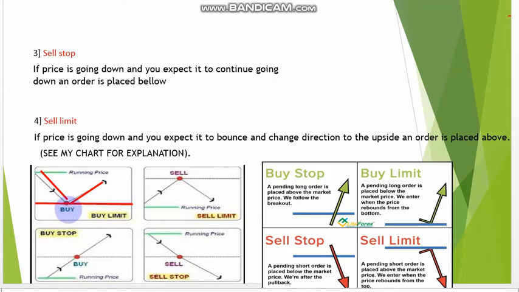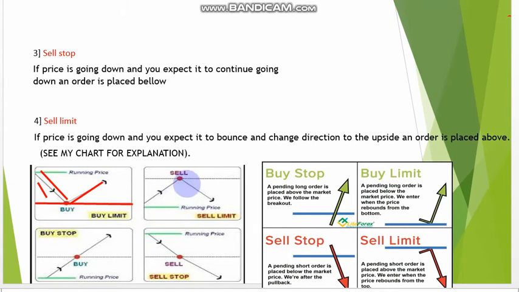So you want to buy in this area, but the price has not yet reached this point, and maybe the price is just here. You are thinking that if the price comes here, it will start going up. Maybe you will not be in the market to see the price reaching this place. So you can place a buy limit around this area. Once the price reaches the buy limit, you are entered automatically, and if you are correct that the price will go up, you make profit. And if you are wrong, maybe you'll be stopped out of the market by your stop loss.